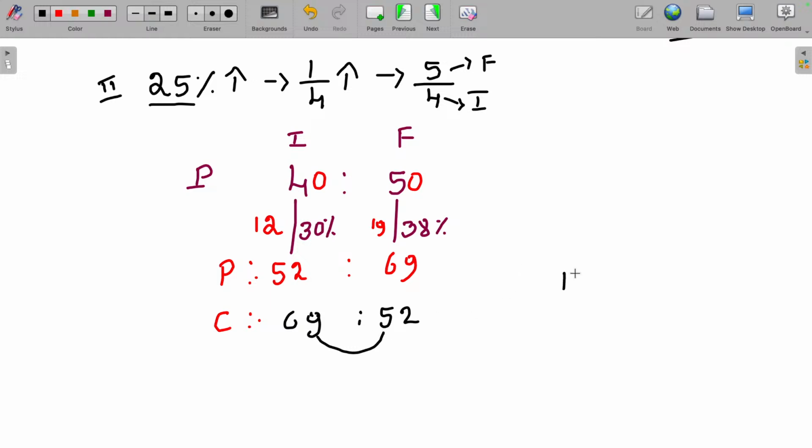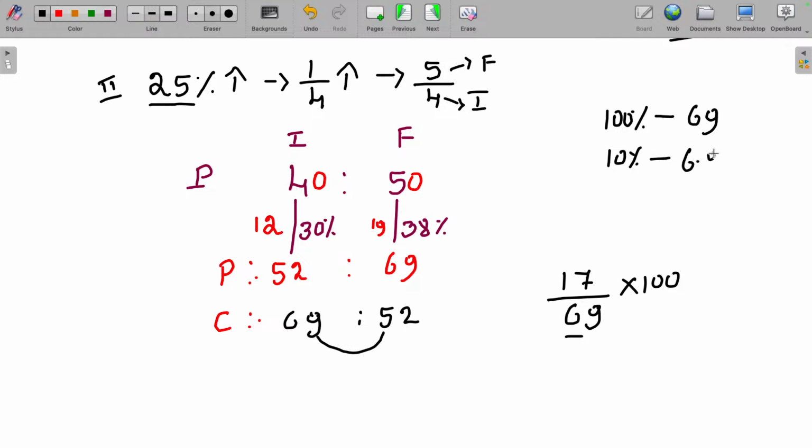Now we observe 17 out of 69 into 100. First I will decide my answer, nearest to which option. Always denominator will be 100 percentage. 100 percentage will be 69, then 10 percentage will be 6.9, then 20 percentage will be 13.8, double of 6.9.